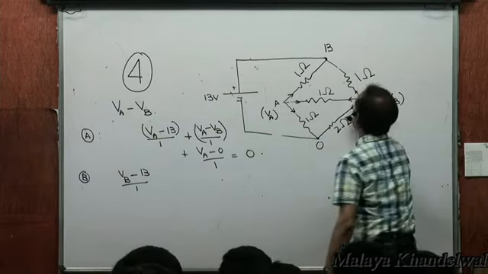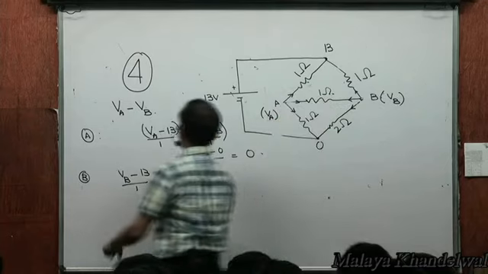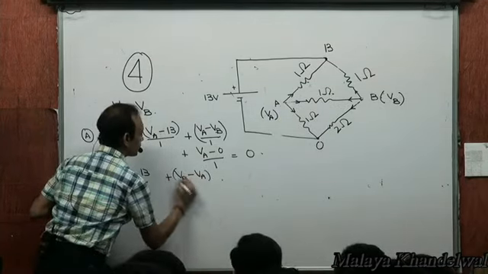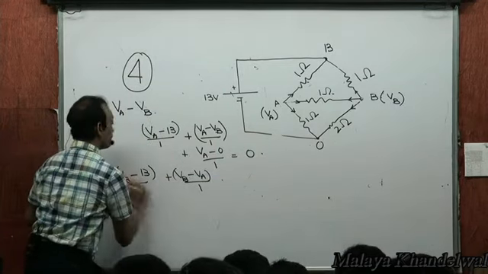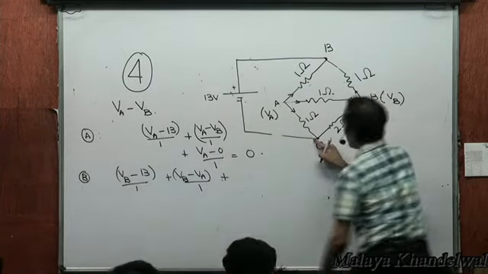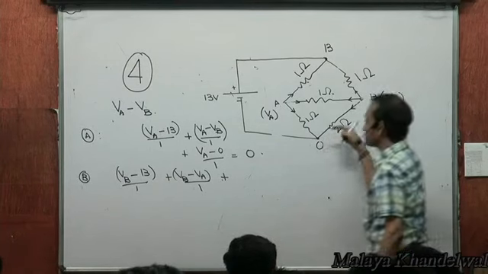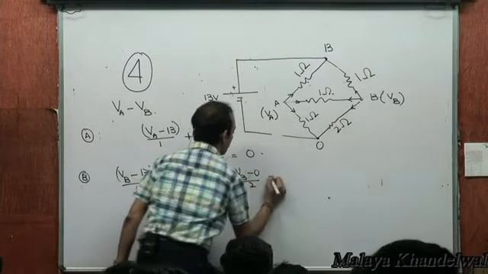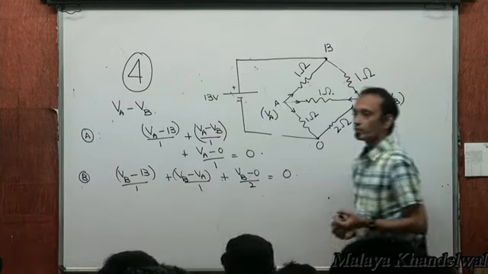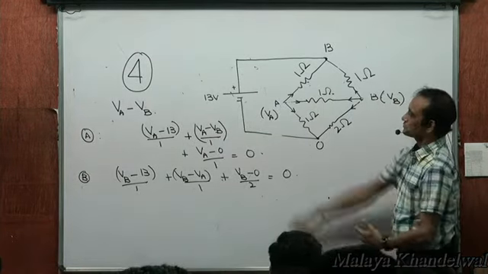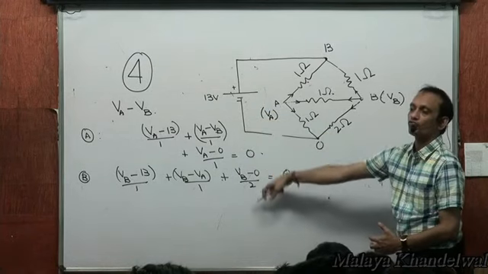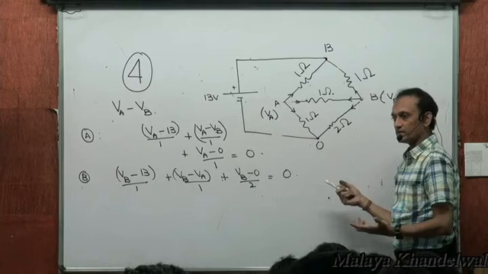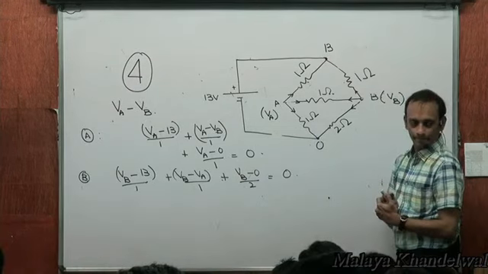This current, (VB minus VA) by 1, plus (VB minus 0) by 2. Two equations, two unknowns. You can solve for VA and VB and therefore find VA minus VB. Got me?